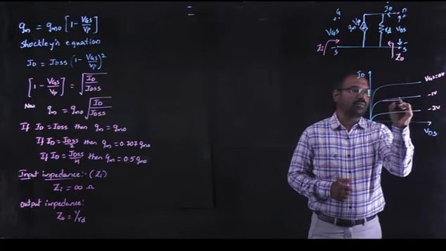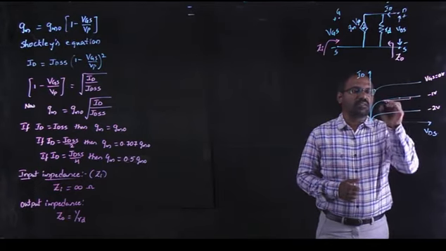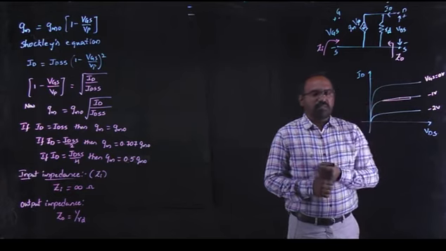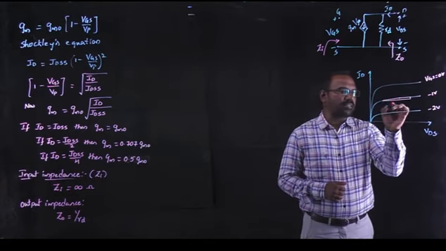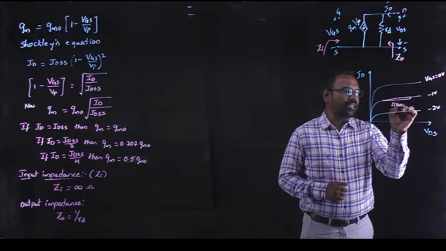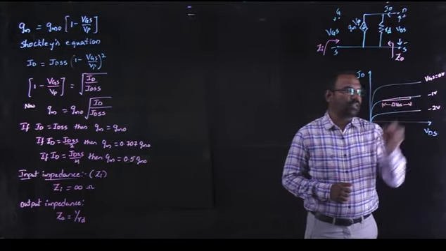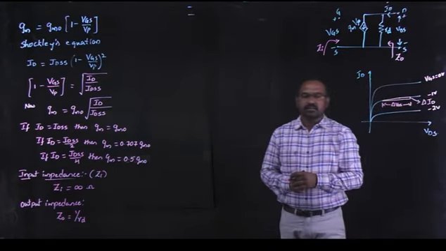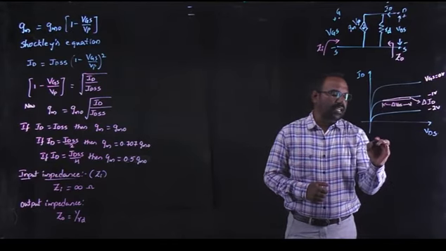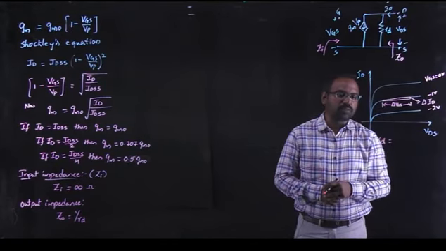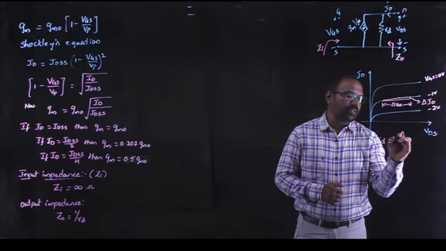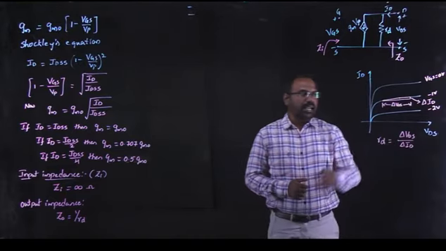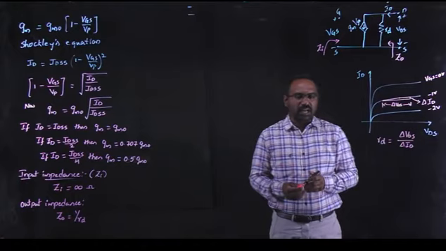For the calculation of RD, this difference is delta VDS and this difference is delta ID. So from this I can calculate RD is equal to delta VDS divided by delta ID.